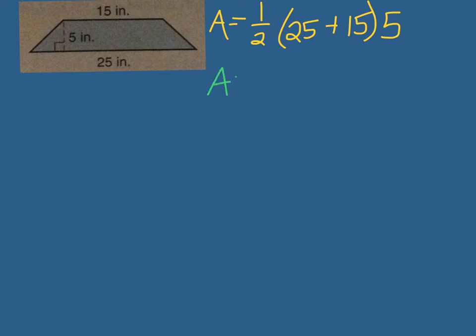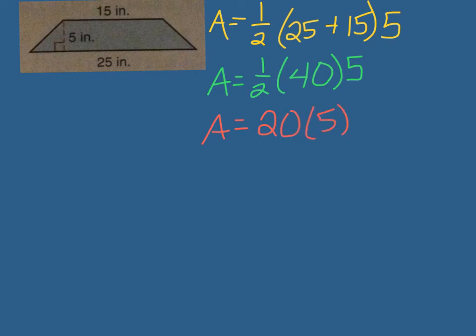So the area equals 1/2 times 25 plus 15 equals 40, times 5. An easy way to do that would be A equals half of 40, which is 20, times 5. So the final answer would be area equals 100, and my units are inches, so that would be squared.